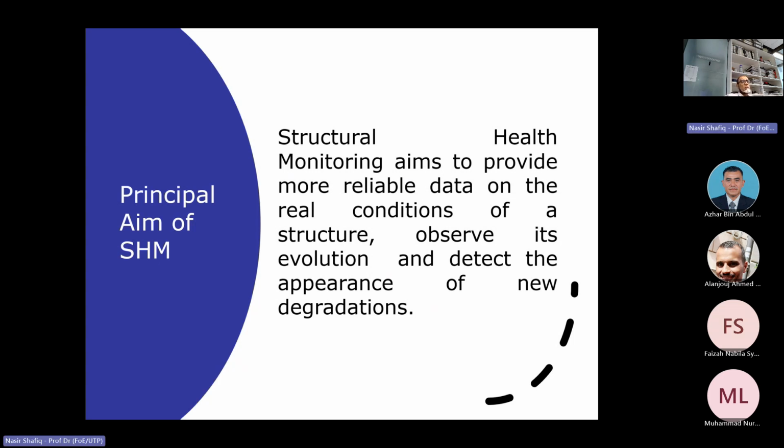Principal aim: structural health monitoring aims to provide more reliable data on the real condition of a structure, observe its evolution, right? Because like sensing, continuous, so that can give the evolution and detect the appearance of new degradation.